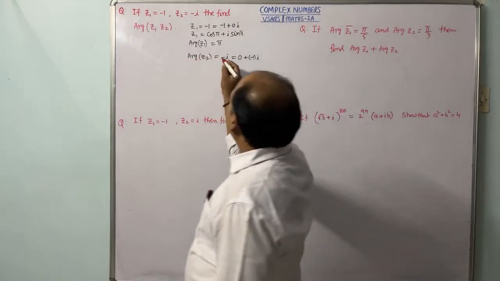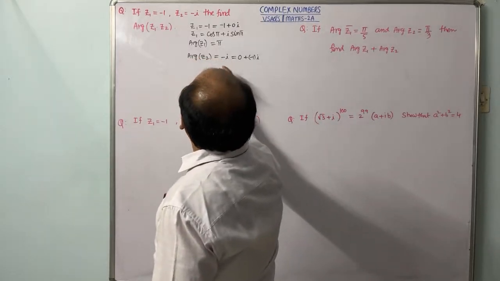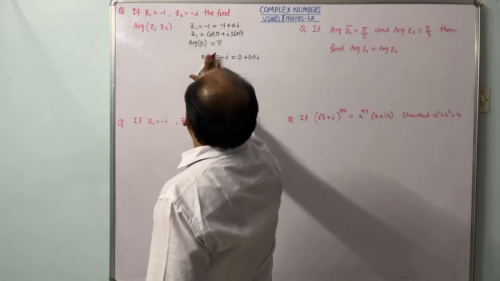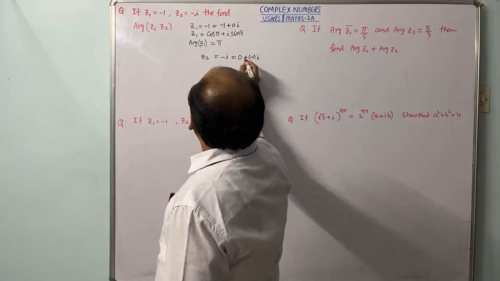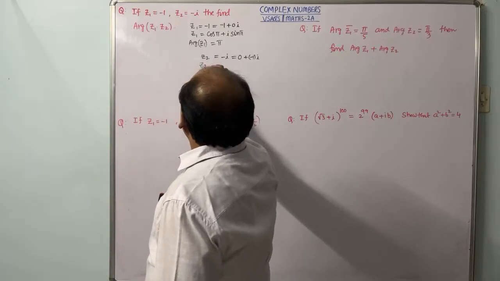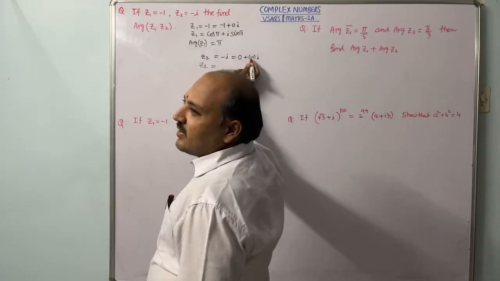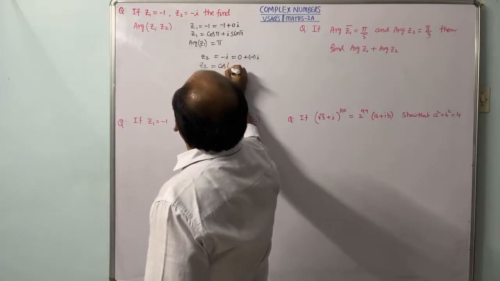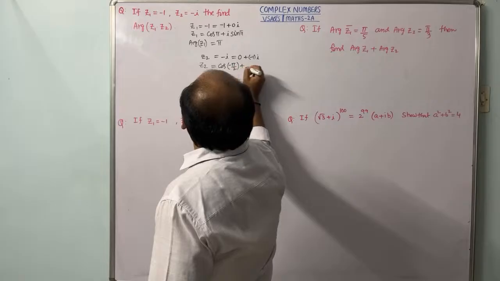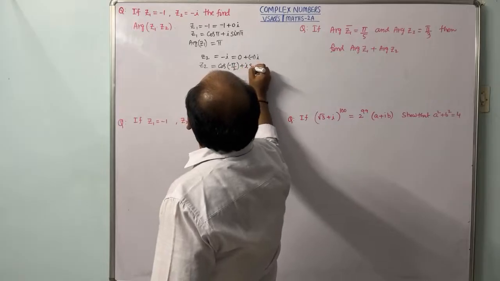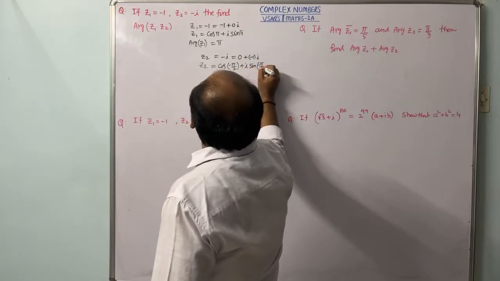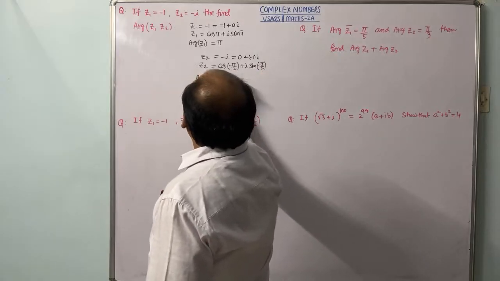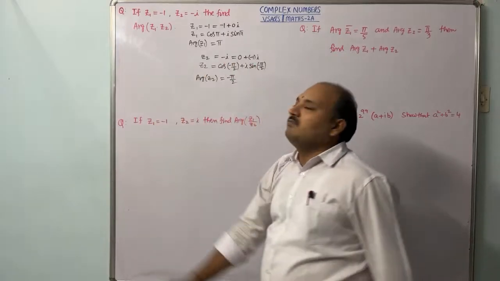Come to the second one, z2. Sorry, this is not the argument of z2, I am only writing the z2 value. So z2, minus i, we can write as cos minus pi by 2 plus i into sin minus pi by 2, dear students. Okay. So argument of z2 is equal to minus pi by 2.